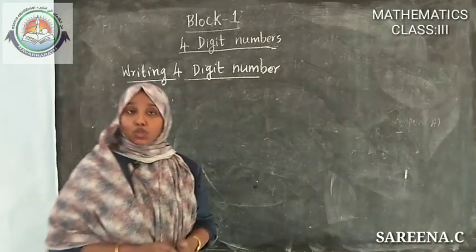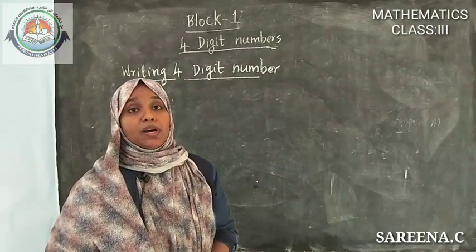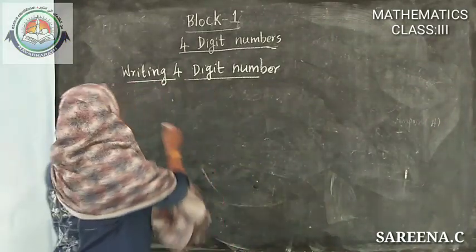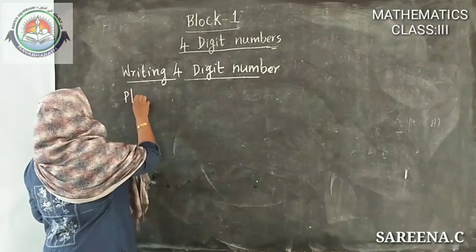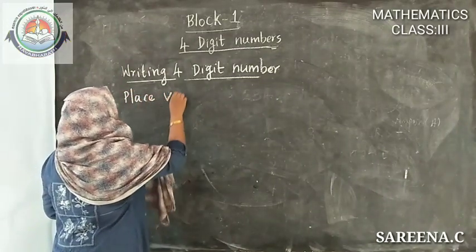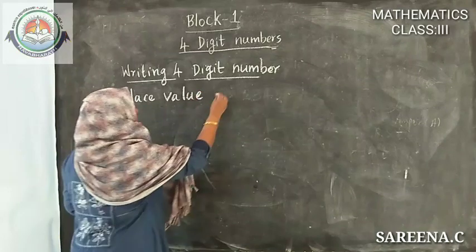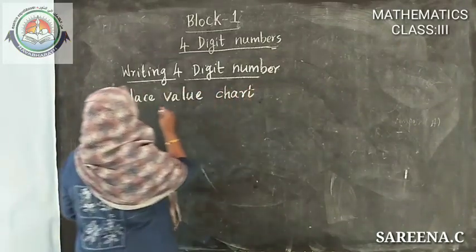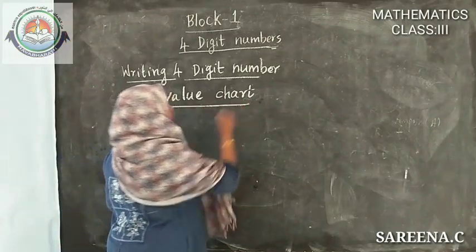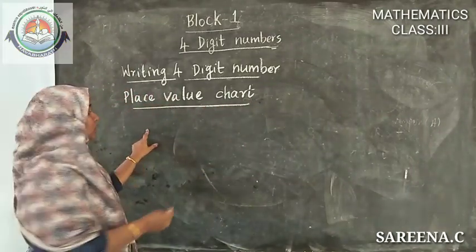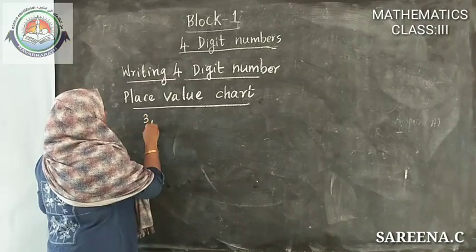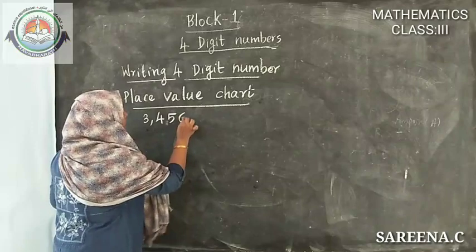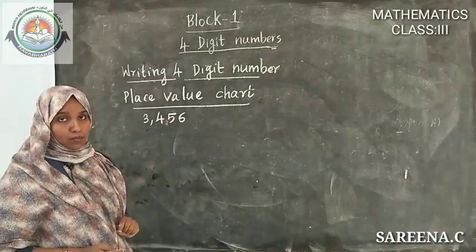Next, we can show a 4-digit number as a place value chart. I will write here a 4-digit number, 3,456.